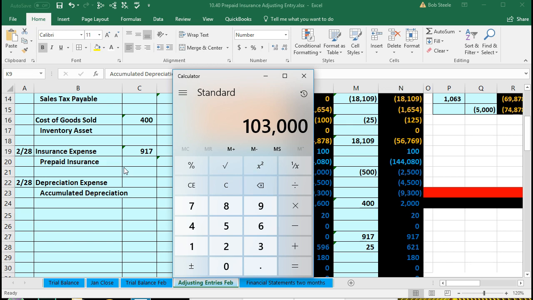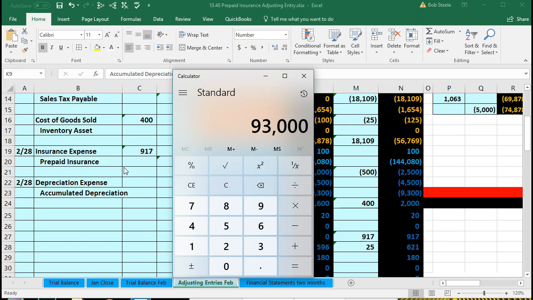So we'll just take the 103,000. We're going to subtract the salvage value, which we're going to say is 10,000. That's what we think that we are going to be able to scrap this for at the end of its useful life. So after it's used up, we still think it's going to have worth of 10,000 that we can get. That gives us the depreciable amount, what we expect to decline and depreciate over its useful life. And then we're going to divide that by its useful life, which we're going to say is 10 years.